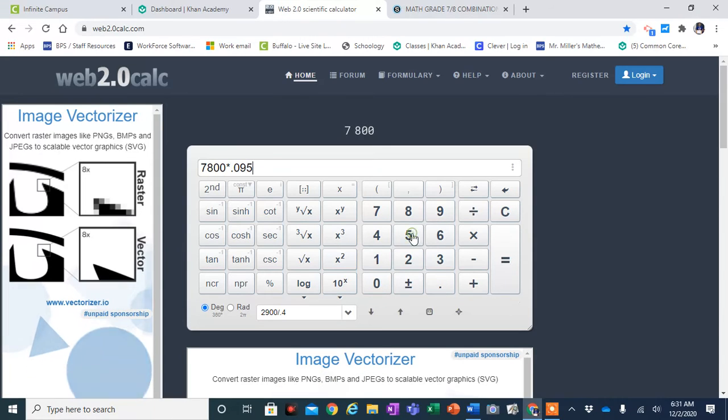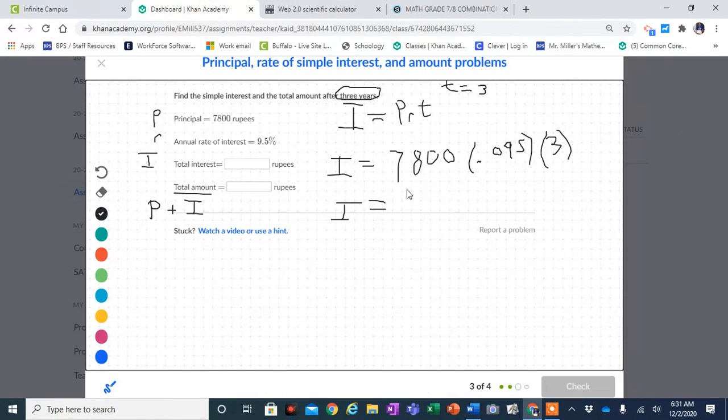Remember, it's 0.095 because you went backwards twice. Times 3 years. So $2,223. $2,223 is the interest.